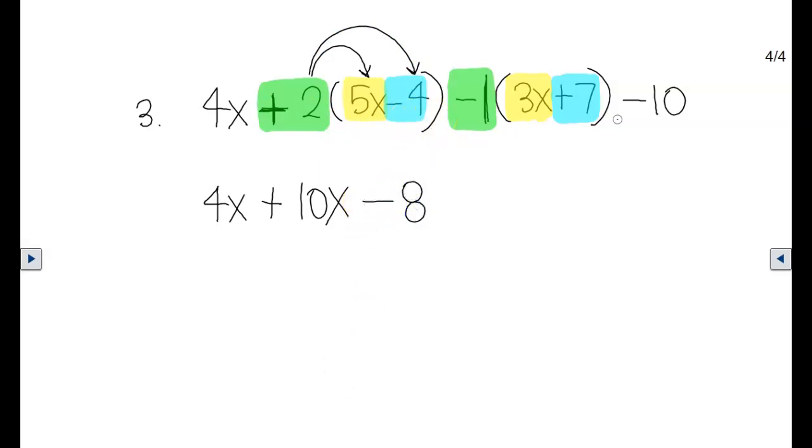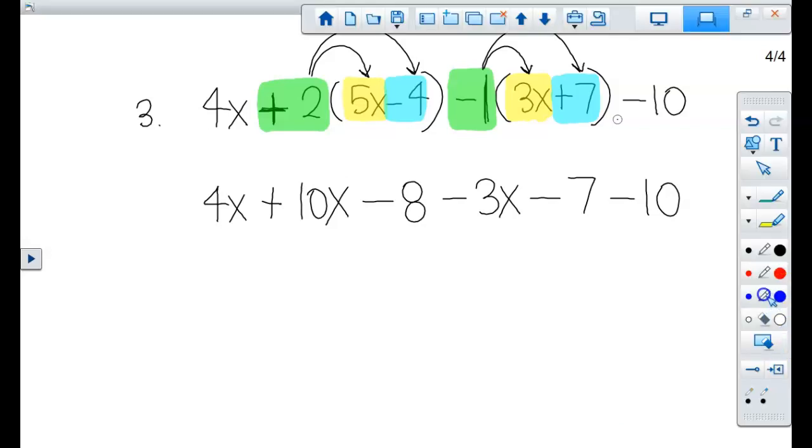So notice I wrote -8 because of that negative. Moving on, I'm going to do -1 times 3x. -1 times 3 is -3. Attach that x. And then -1 times +7 is -7. And then we just bring down that -10.